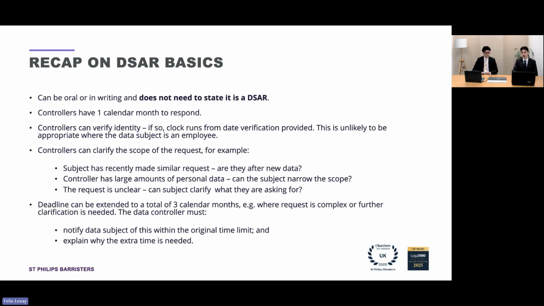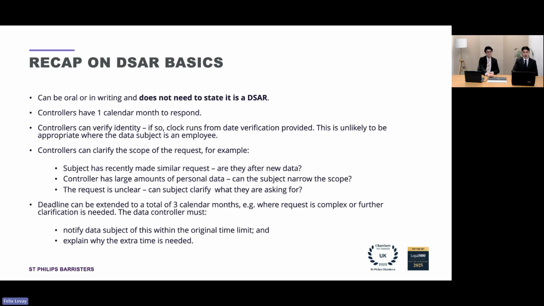The Information Commissioner does discourage the use of oral subject access requests, but that doesn't mean that it can't be done, and indeed it can be made to anyone as well. So that can be any employee of the company, or indeed representatives as well. And so it's really important, we think, to have one eye on how that might be handled and making sure that those most likely to receive a subject access request, especially if it might be in the course of litigation, are aware of how to spot one and what it might look like.